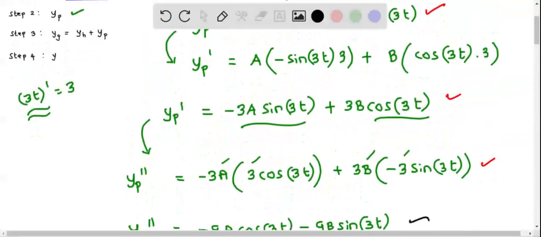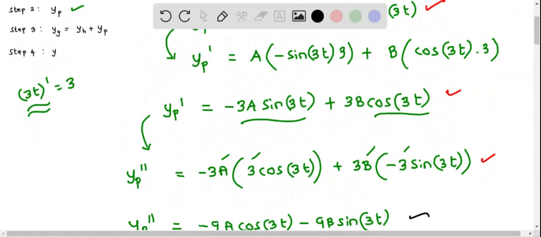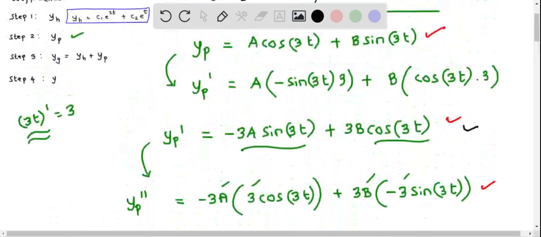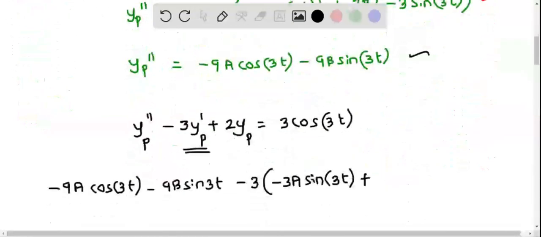Let me replace the yp prime, which is negative 3a sine of 3t plus 3b cosine of 3t.